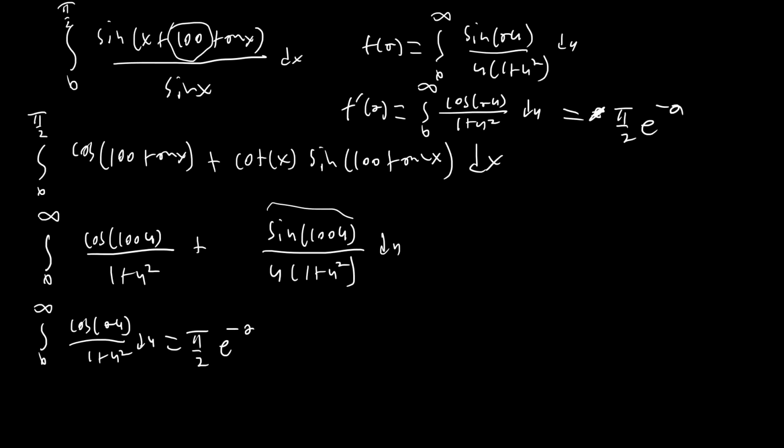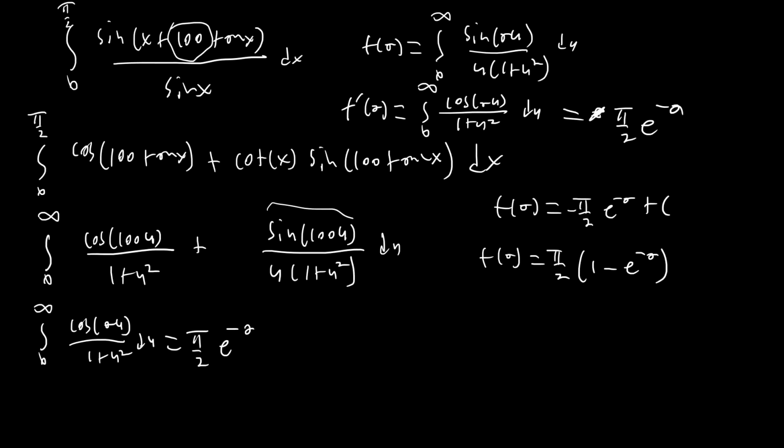If we go ahead and integrate, we're going to get that f of a equals pi over 2 minus pi over 2 e to the negative a plus c. And when we solve for c, we're going to find that f of a is going to equal pi over 2 times 1 minus e to the negative a.